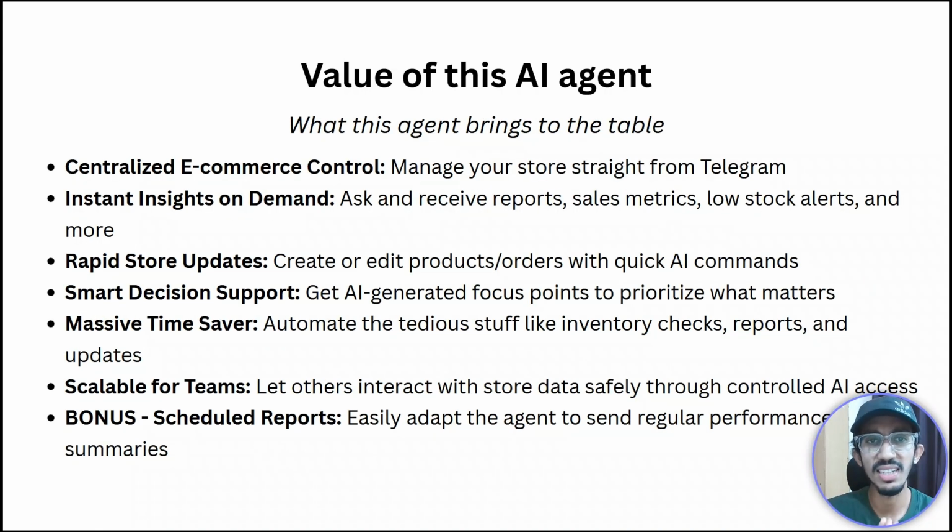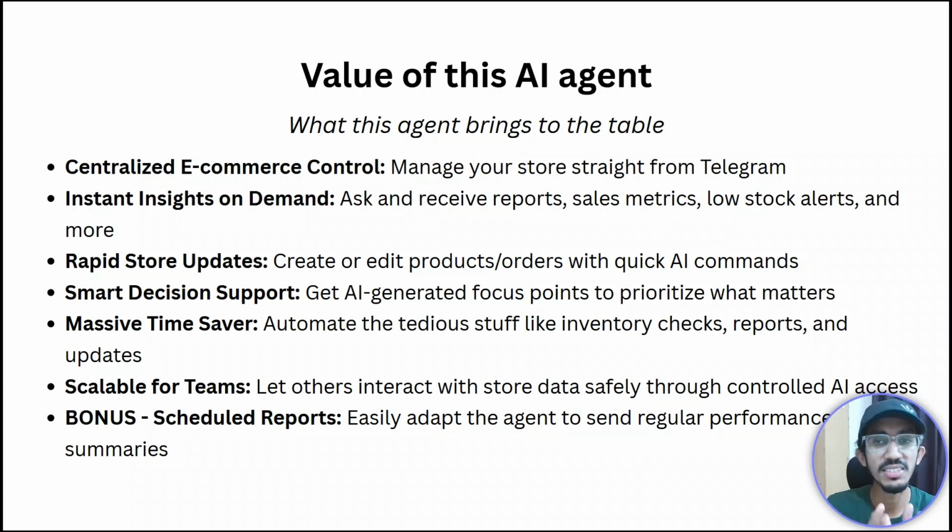So what does this AI agent, this e-commerce copilot, actually bring to the table for your business? The value is immense. First, centralized e-commerce control. You can manage key aspects of your store straight from Telegram or whatever chat app you integrate. Instant insights on demand, so no more waiting.